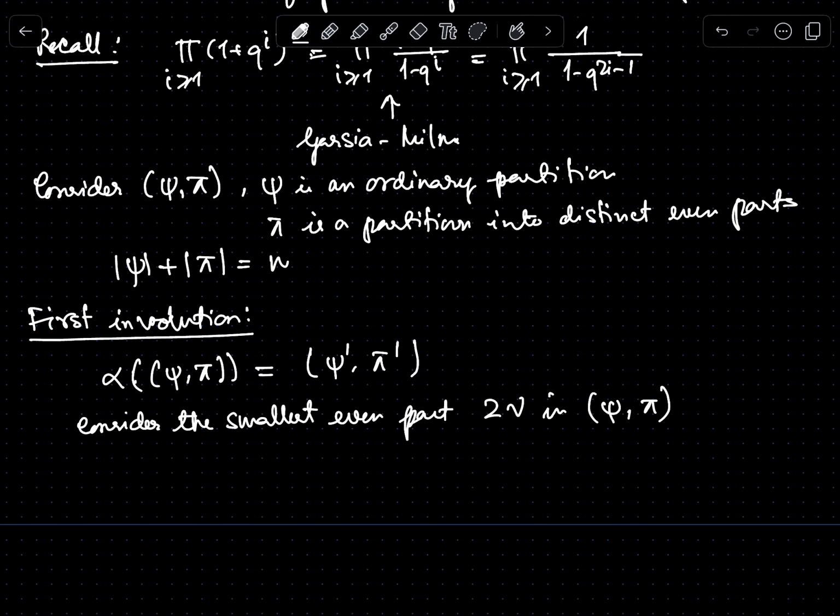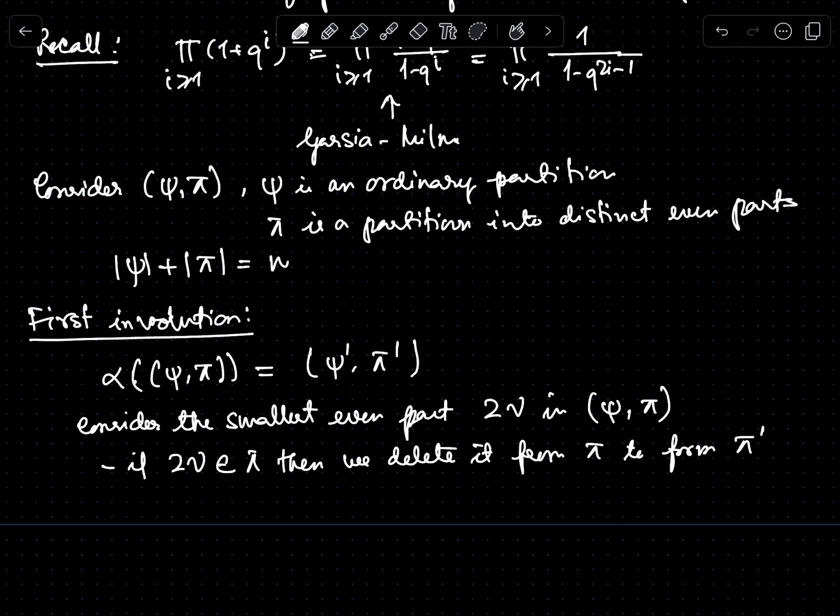So we consider that smallest even part, and then what we do is say if the smallest even part is in pi, then we delete it from pi to form a new partition, which is pi prime, which is just pi where we have deleted this part. And then, where does the part go?